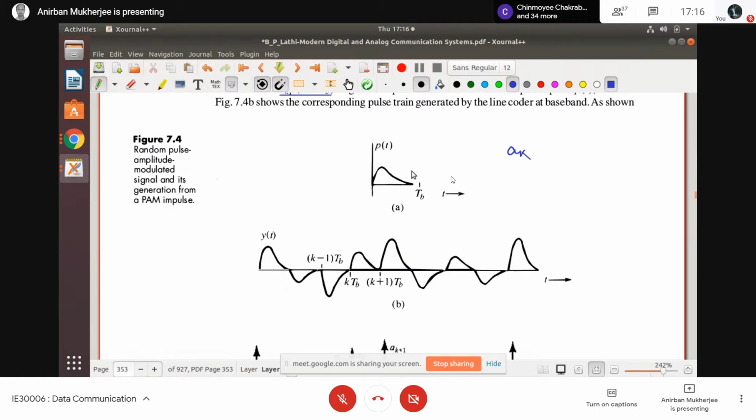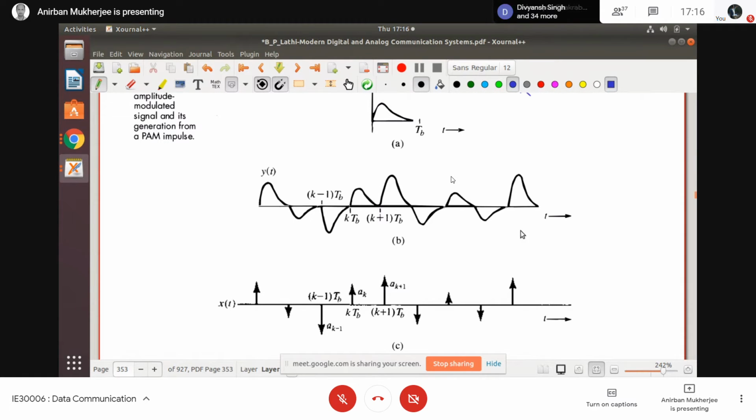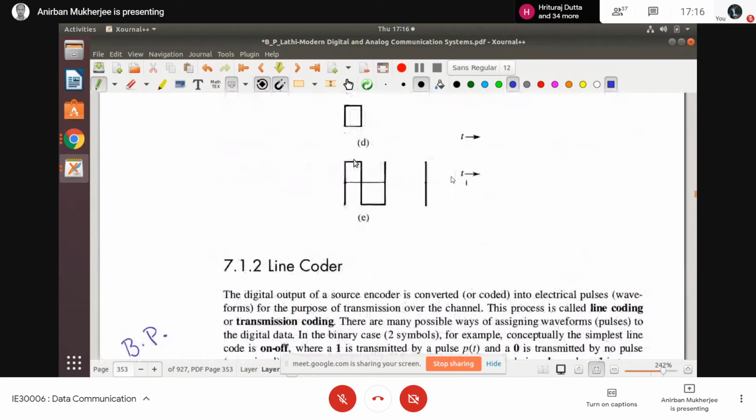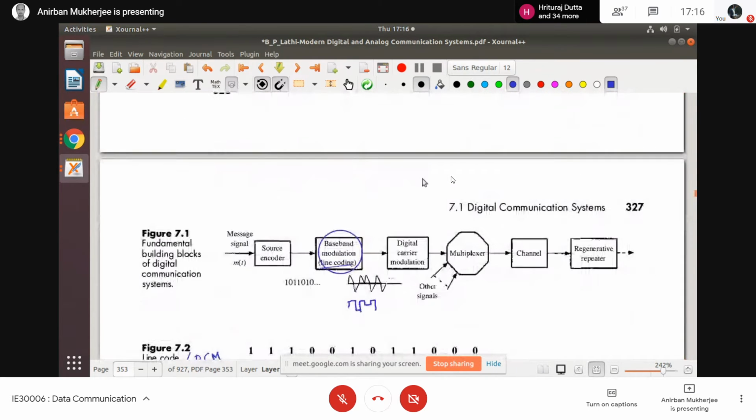So this is my y(t), the output signal that I am transmitting from here. If you can remember, this is my y(t).